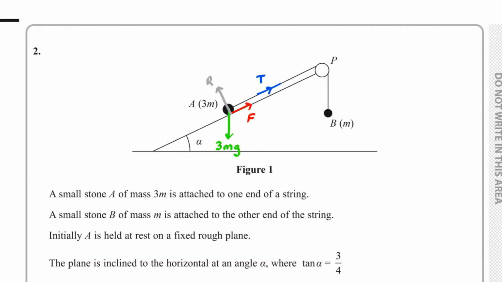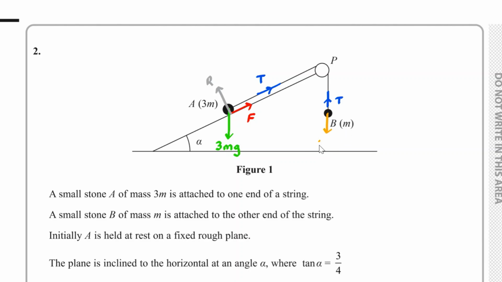We can now find out what T is. Well, to find out what T is, we have T opposing A, and if B is moving up, the tension's helping B move up. We've got the weight of B resisting it.